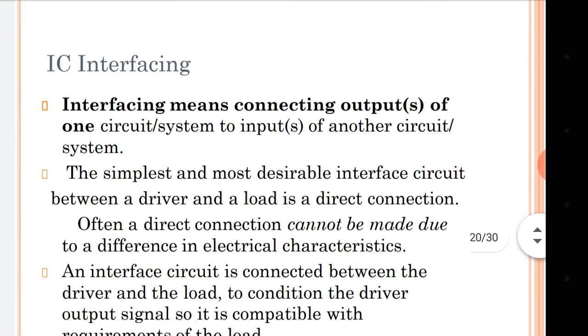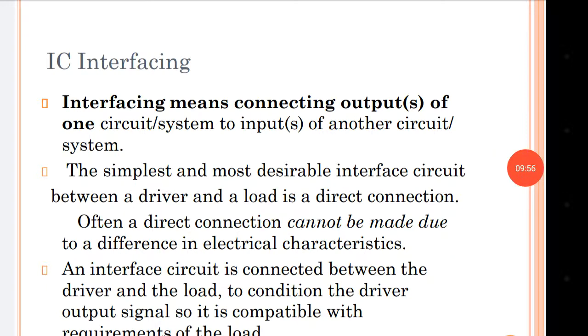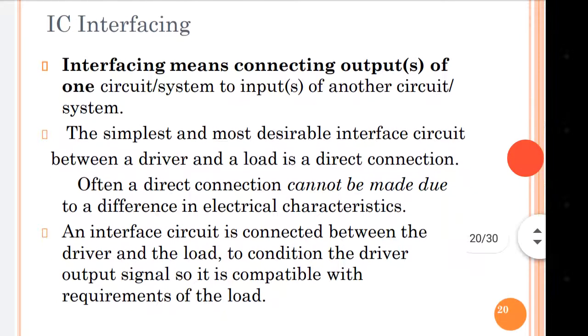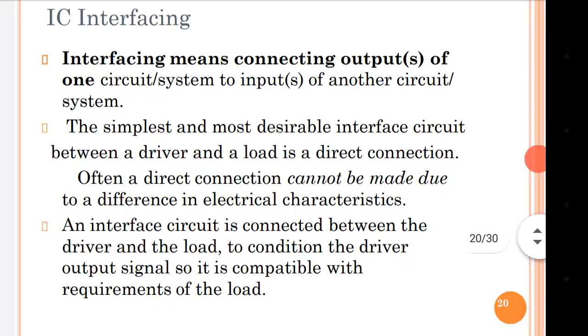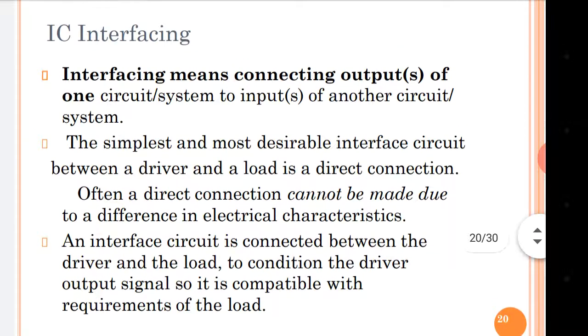Next is interfacing. Let us talk about interfacing. What is the meaning of IC interfacing? IC interfacing means connecting the output or outputs of one circuit or system to the input or inputs of another circuit or system.